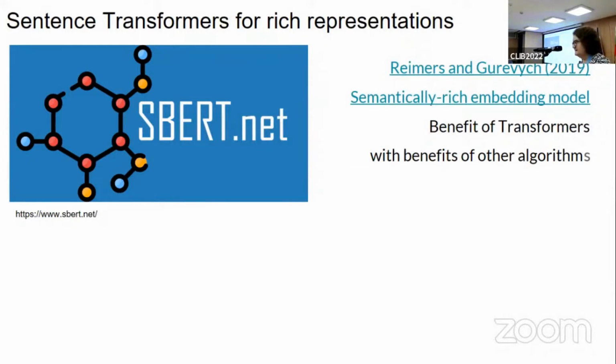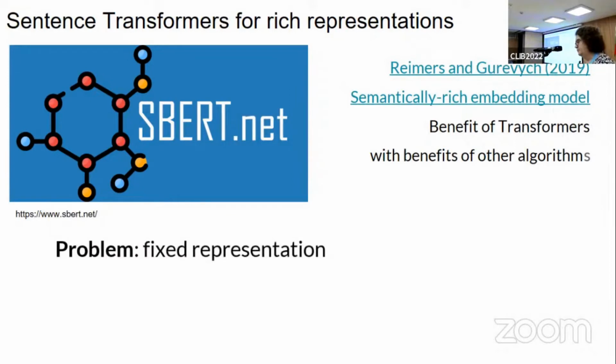SBERT creates a semantically rich representation of text in the form of dense, high-dimensional vectors using transformer-based Siamese networks optimized with cosine similarity. And these vectors can be used to train simpler learners that are much cheaper than the transformers.